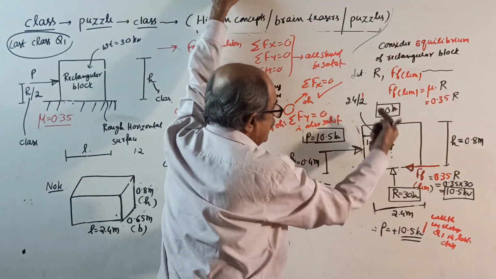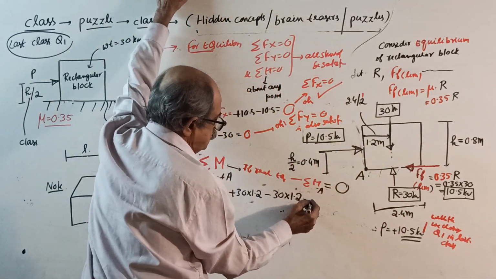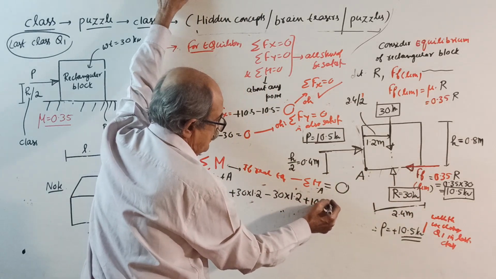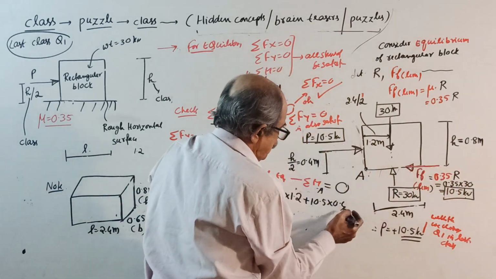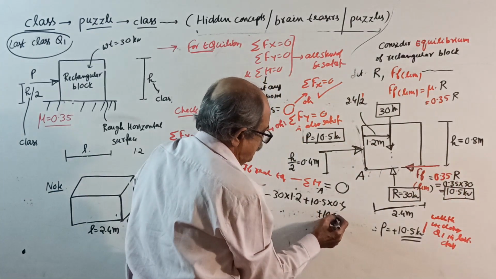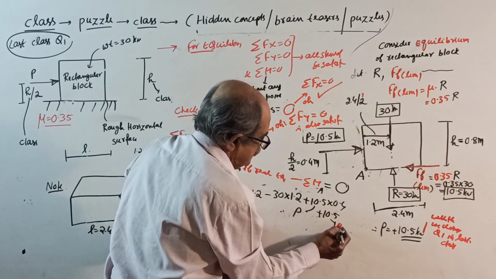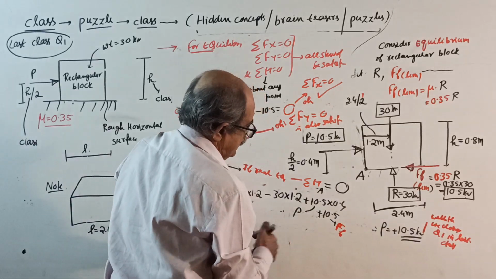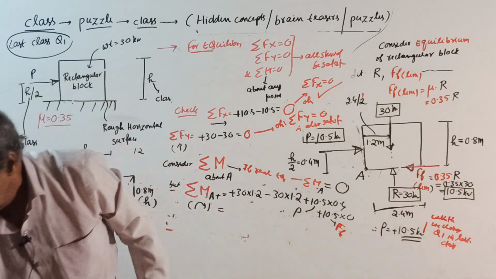Load down, reaction up. Plus 10.5 into 0.4, and one more 10.5 into 0. This is that P, the friction force, into 0.